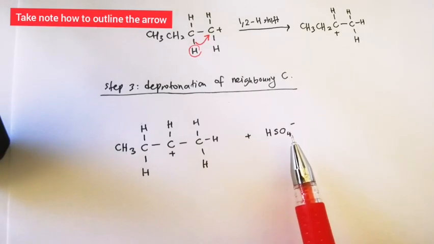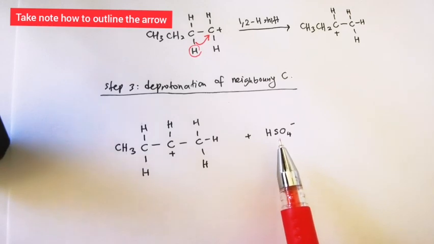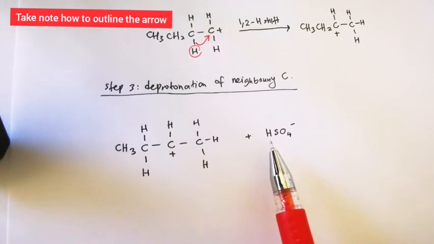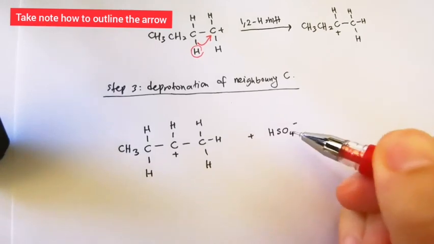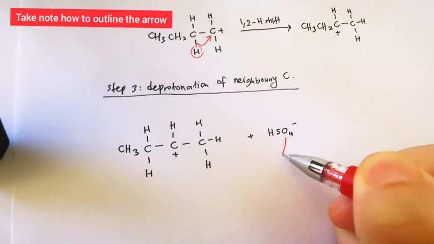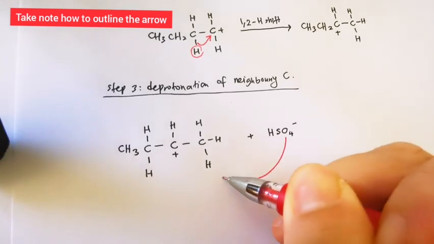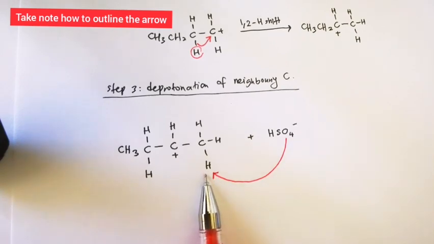This HSO4 minus will get back its hydrogen so that it will remain as H2SO4. So the arrow that you should show in this step is from this HSO4 minus. Now I will show this attacking of HSO4 minus to this hydrogen first.